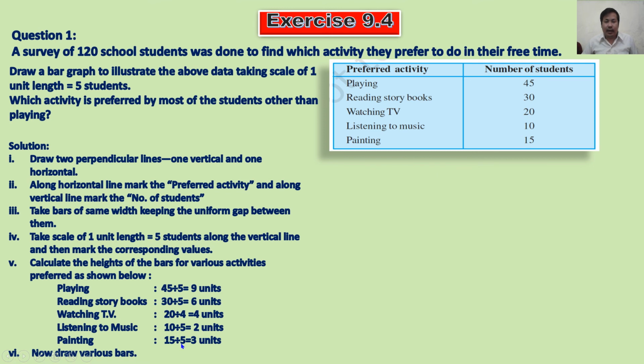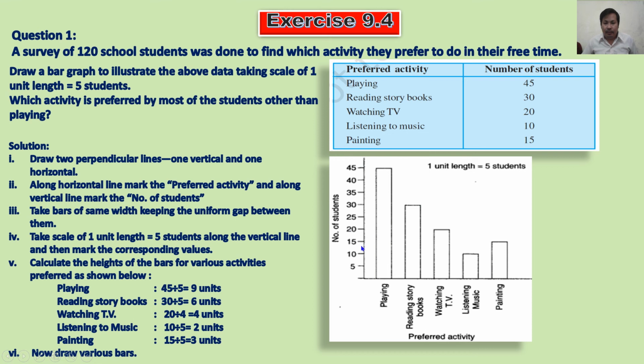Now draw the various bars. How to draw? You see here. This is the bar graph that we are going to draw, to represent the data given here, isn't it? So first of all, draw the perpendicular lines, one vertical and one horizontal, isn't it?